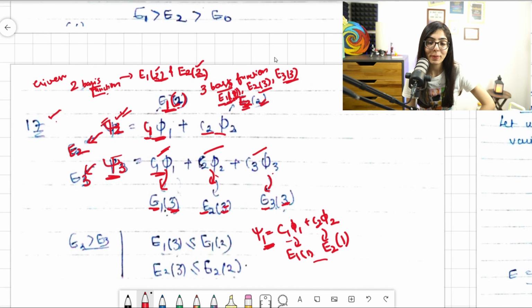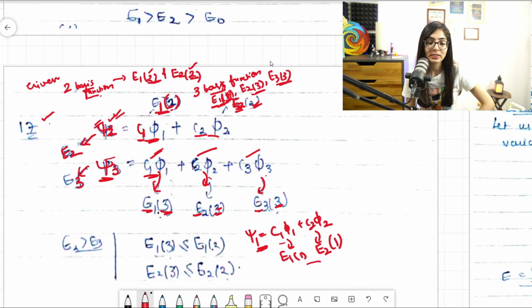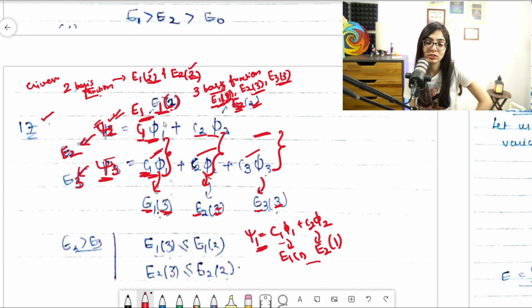So that means the comparison has been given in this form, guys, that these things are compared, like E1 of this wave function and E1 of this. These terms are being compared, and some random constituent which has not been given. Clear? So now we will see which one is greater or which one is lesser.